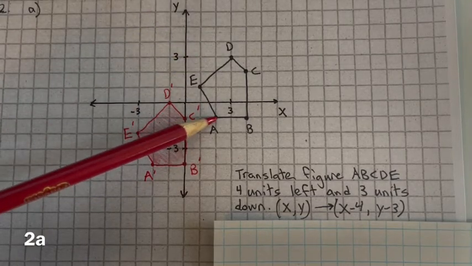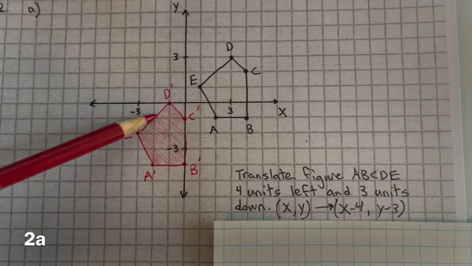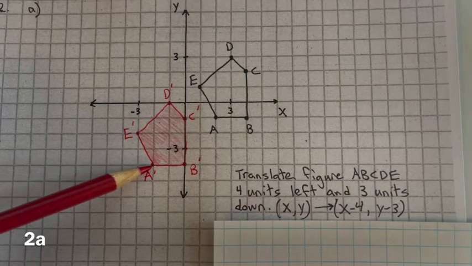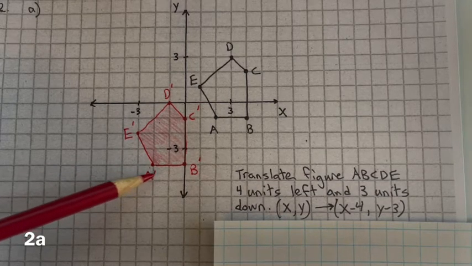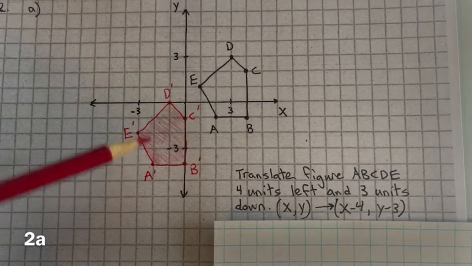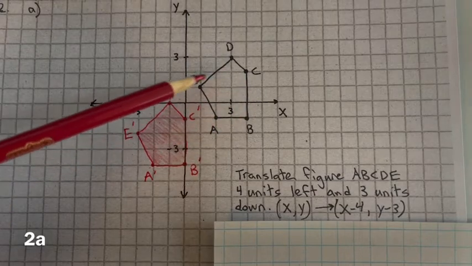So for A, 4 units to the left, 1, 2, 3, 4, and 3 units down, 1, 2, 3, and we have A prime. Don't forget to put your prime mark because that distinguishes your pre-image from your image. And then we would do that for each of the other vertices.